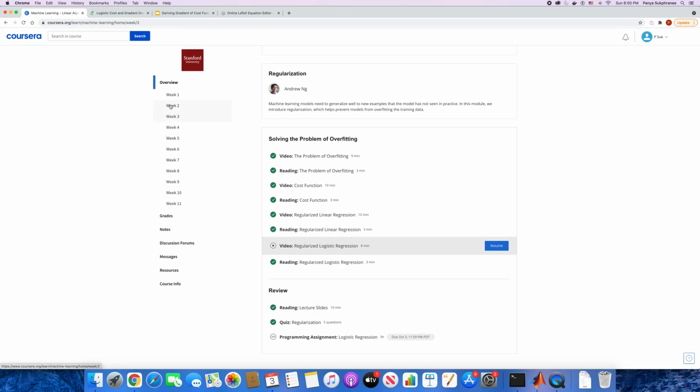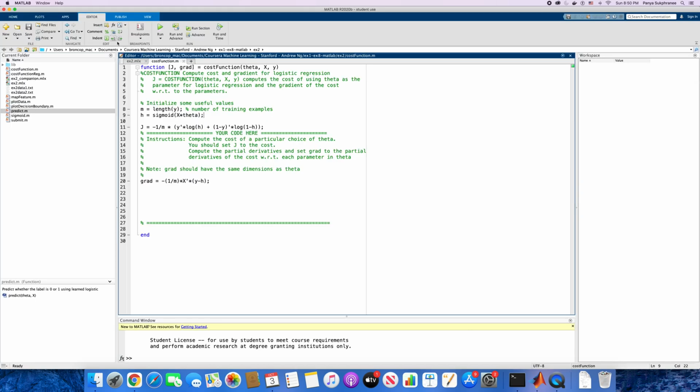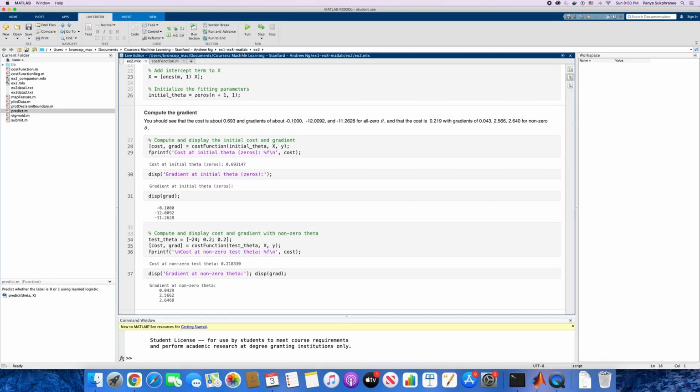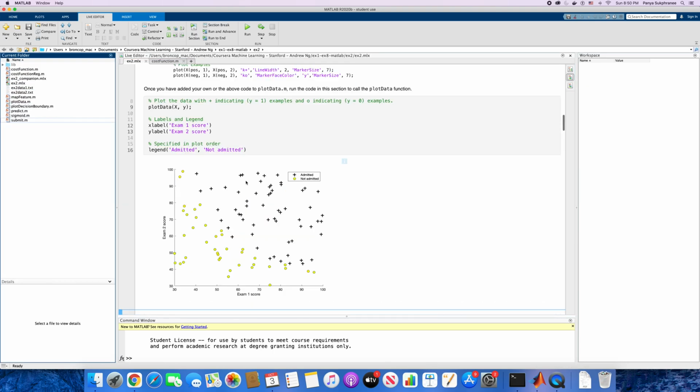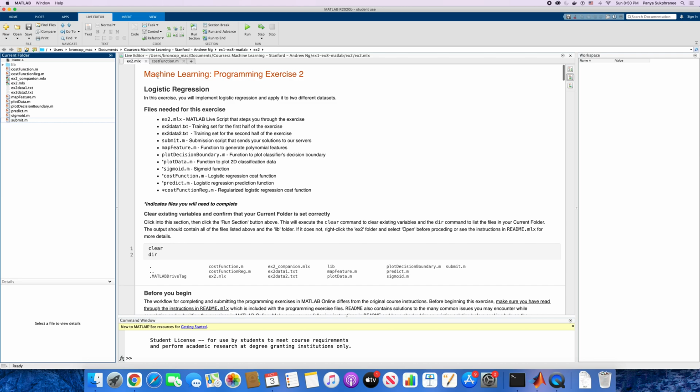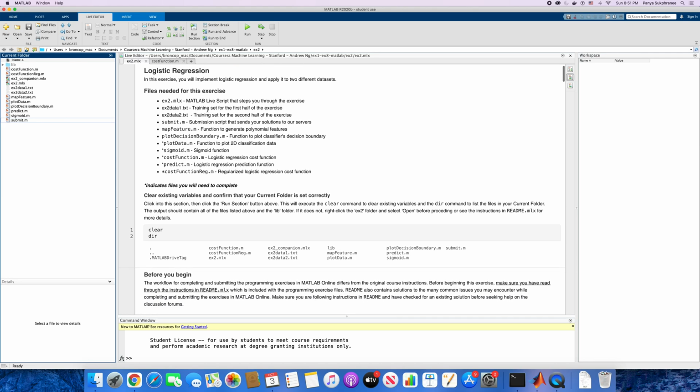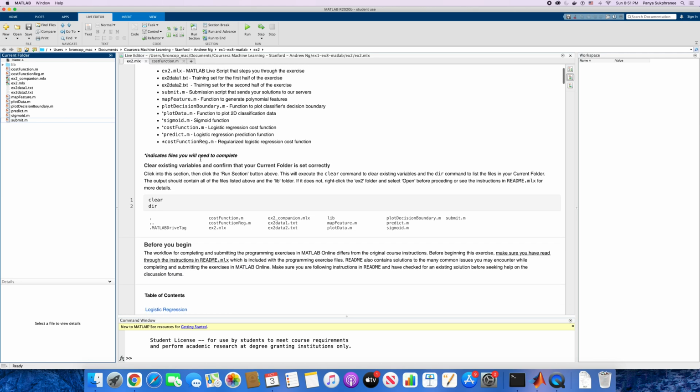At the end of the weeks, starting at week 2, we have these programming assignments that are done in MATLAB. For this week's assignment, we have these files here. And there's a main file that's a notebook, I guess it's called a live script.